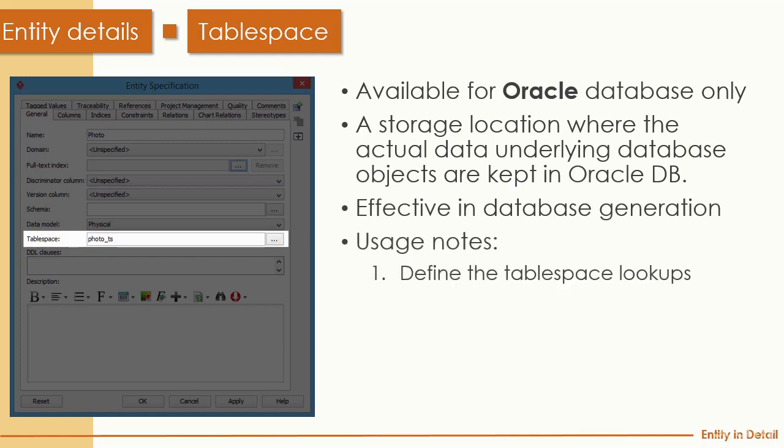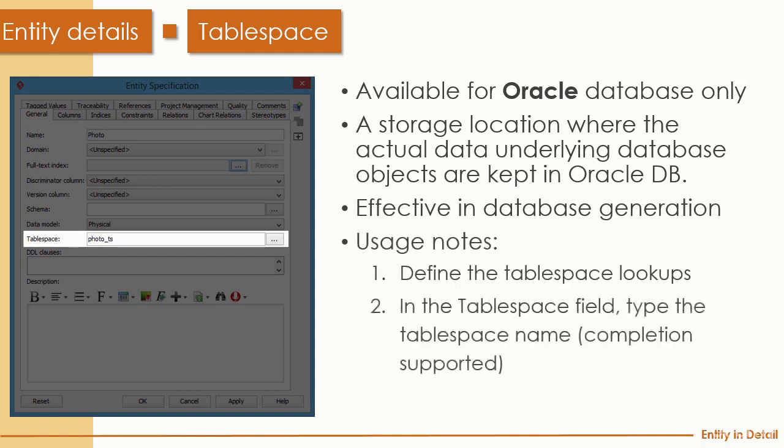To use it is simple. You just define the table space lookup, and then you can select the table space. It's better to use the lookup rather than type it in, because if you type it wrong, you will put it in the wrong table space, which is not what you expected.